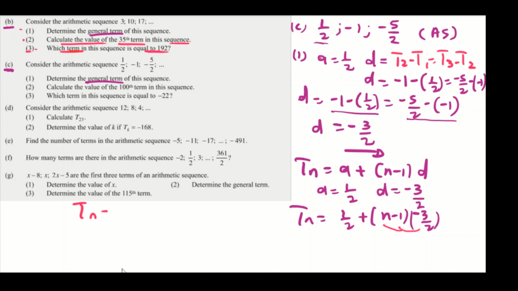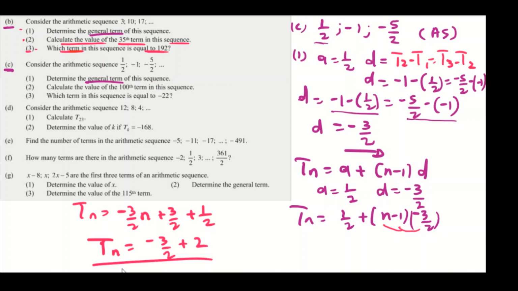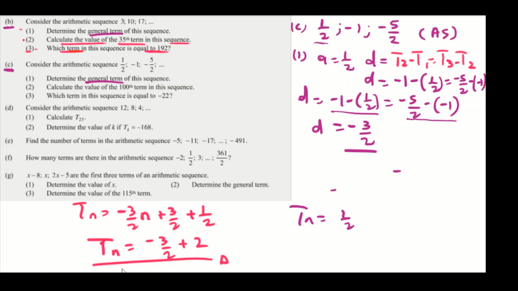You're going to get t subscript n is equal to -3/2 n plus 3/2 plus 1/2, right? So your t subscript n is going to be -3/2 n plus 2. So this is going to be your general term of this problem here.